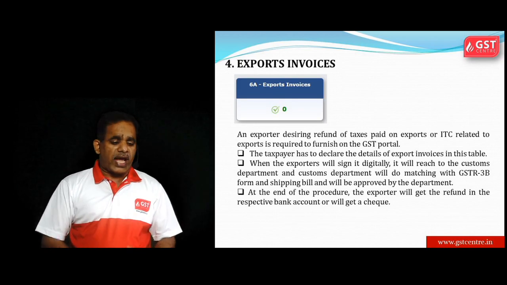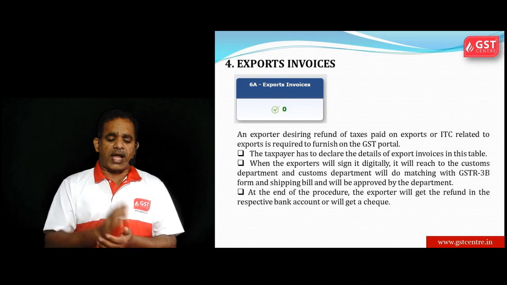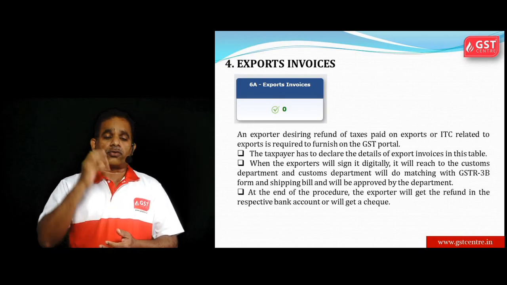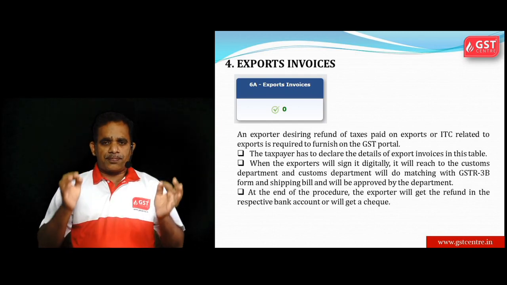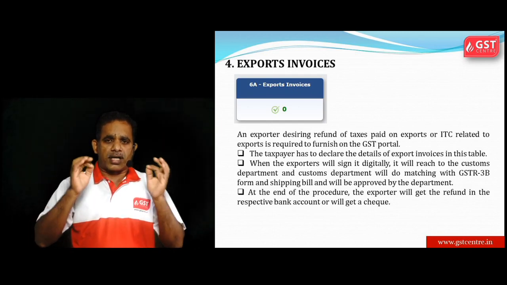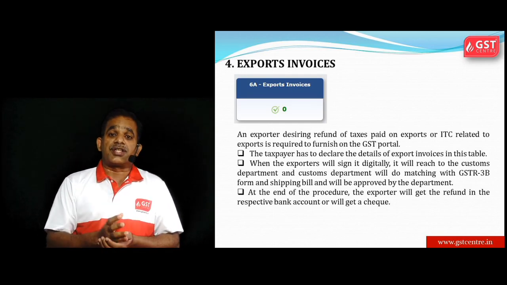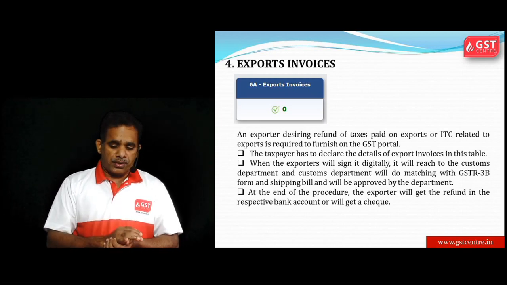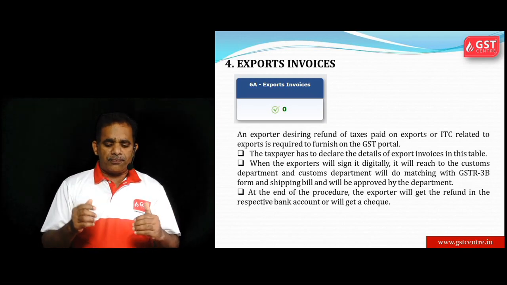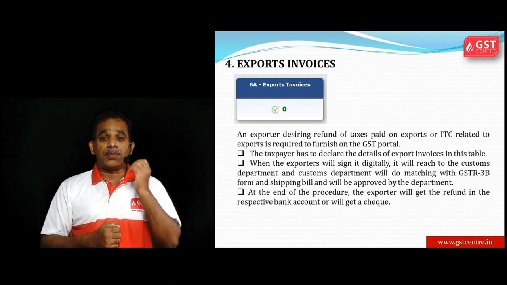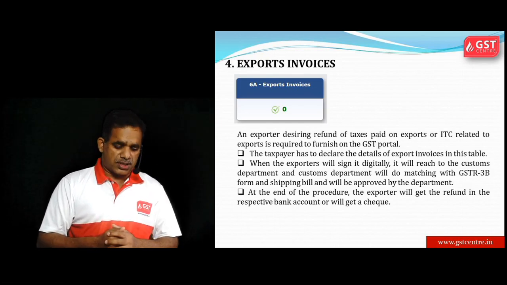Okay. So coming to exports invoices. An exporter desiring refund of taxes paid on exports or ITC related to exports is required to furnish it on the GST portal. The taxpayer has to declare all details related to exports, and when the exporter signs the GSTR 1 digitally, it will automatically reach the customs department, and the customs department will do a matching with the GSTR 3B form and shipping bill, and then customs department will approve the same.